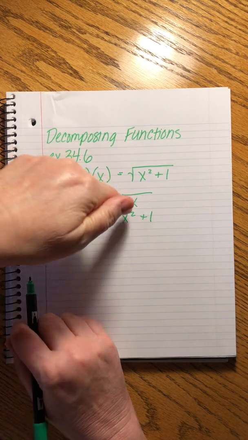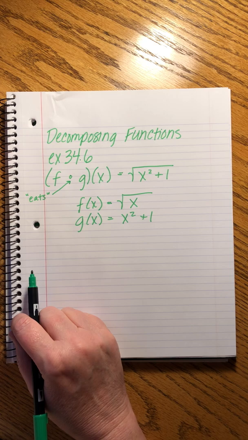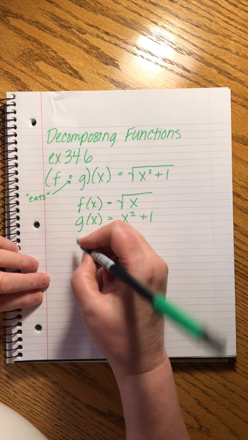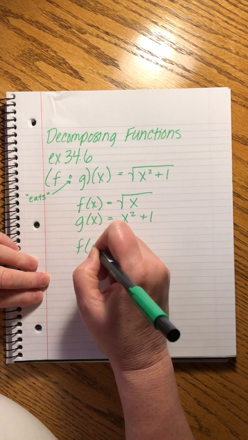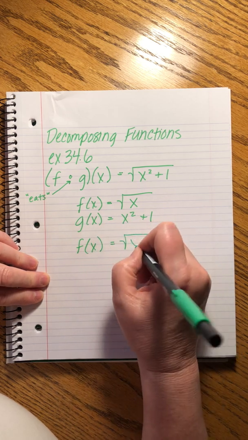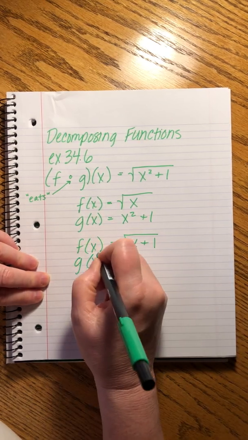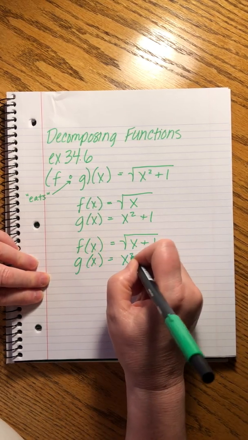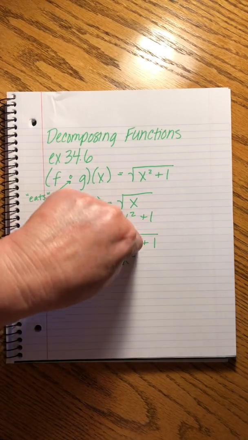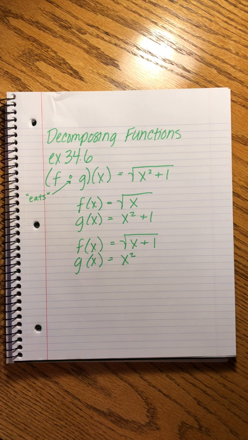So this is one acceptable answer, okay? Another option would be, what if f started out as the square root of x plus 1, and then the g function was x squared? Then we would put the x squared in there, and that's another way we could get that.